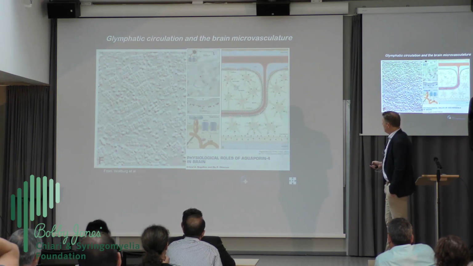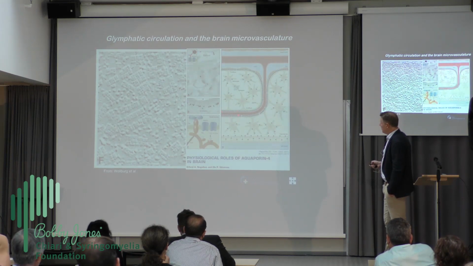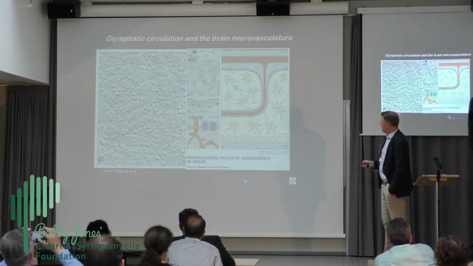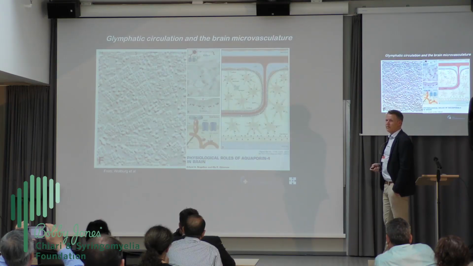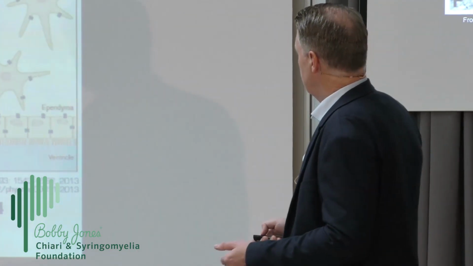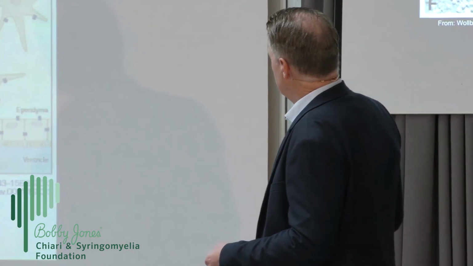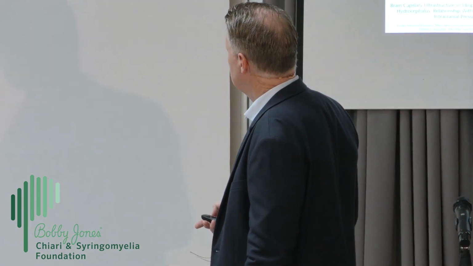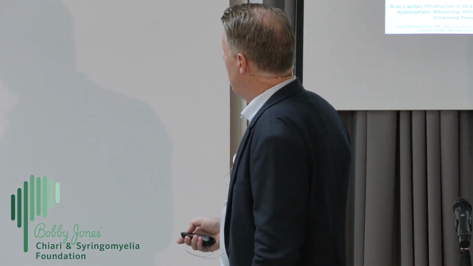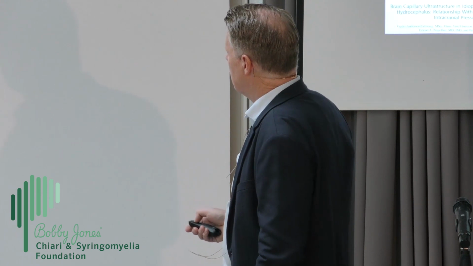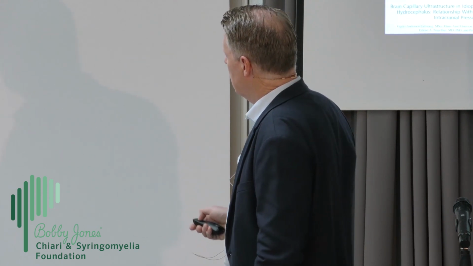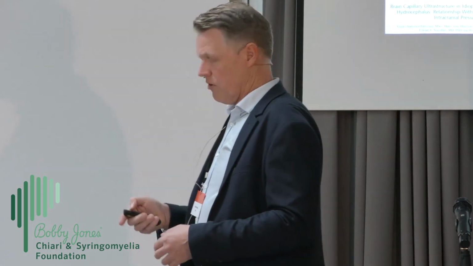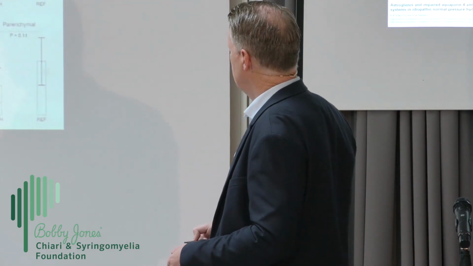These capillaries are surrounded by the end feet of the astrocytes. The astrocytes are heavily enriched in aquaporin 4, this water channel. And in this area there is the basement membrane, here we have the astrocytes, endothelial cells, pericytes, and this basement membrane is a loose matrix where it's possible for solutes to move.